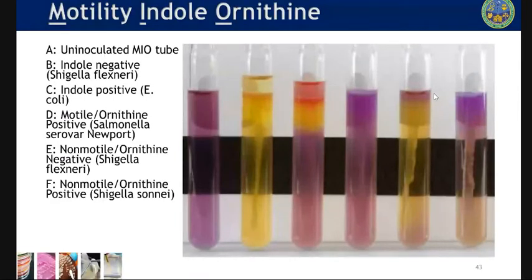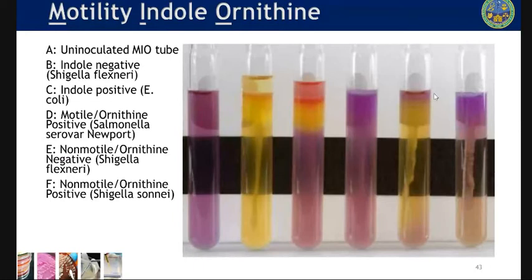Indole negative is Shigella flexneri, positive is the third tube for E. coli. The fourth tube is for motile; I hope you can see it clearly there. You have precipitation in the stub area.